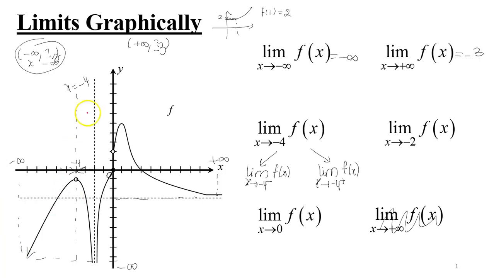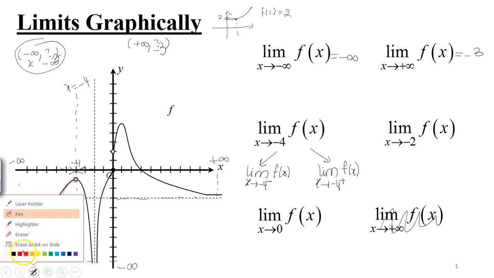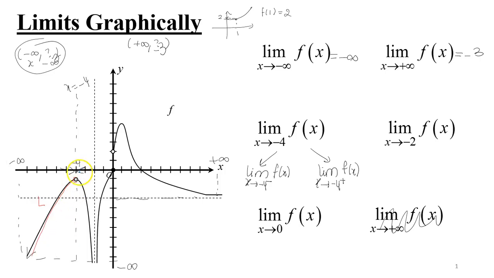By drawing that vertical line, you'll notice that I have this curve to the left of -4, and I have this curve to the right of -4. In order to determine the limits to the left and right, I need to find the value of y corresponding to x equals -4 using each of these two curves.